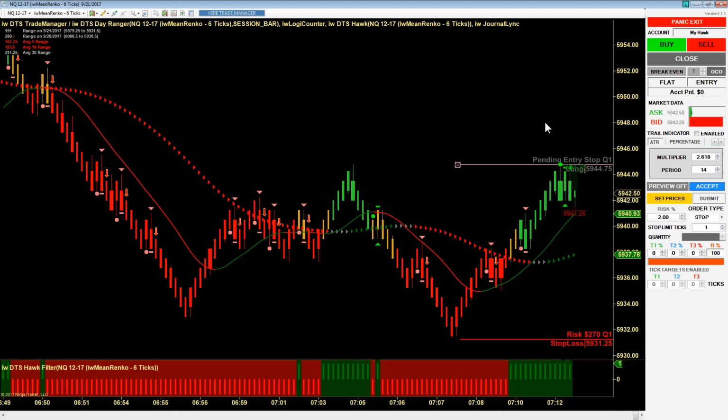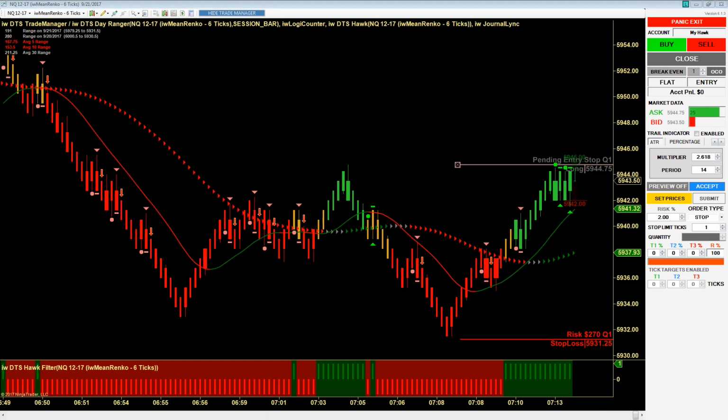I may allow the market to pull back a little, maybe even back to this 59.50 area. It may get up there before we see a pullback or a hesitation.